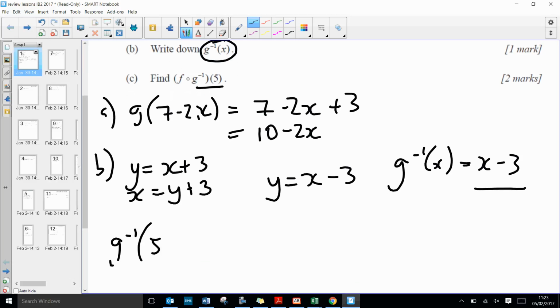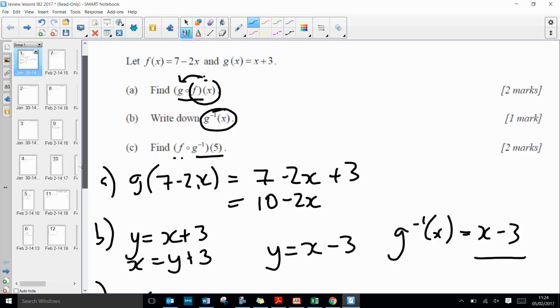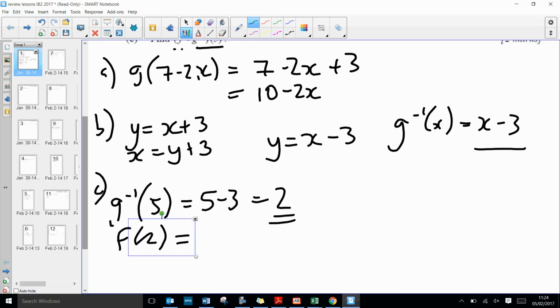So that would be 5 minus 3. And then we're going to stick that number into f. So we're going to find f2. And f is 7 minus 2x. 7 minus 2 lots of 2. There we go.